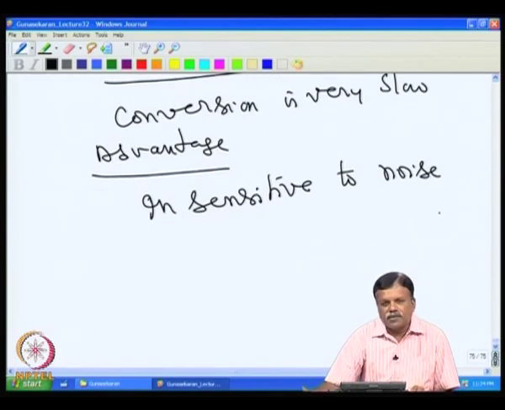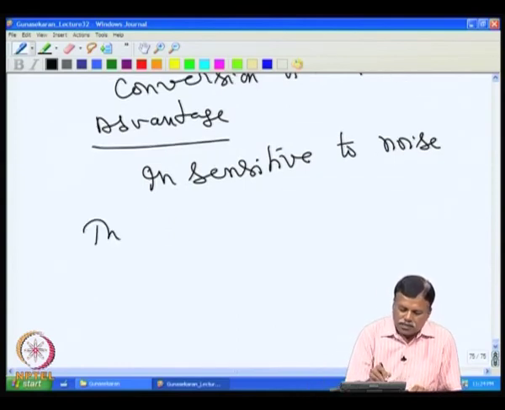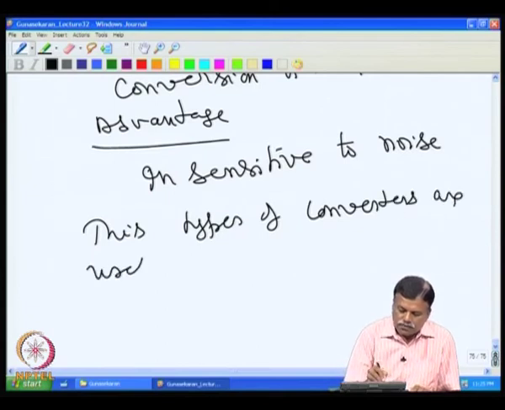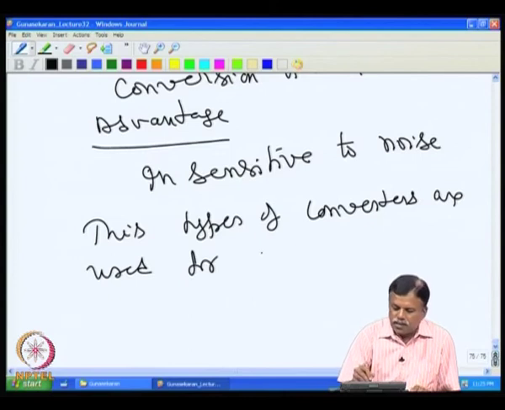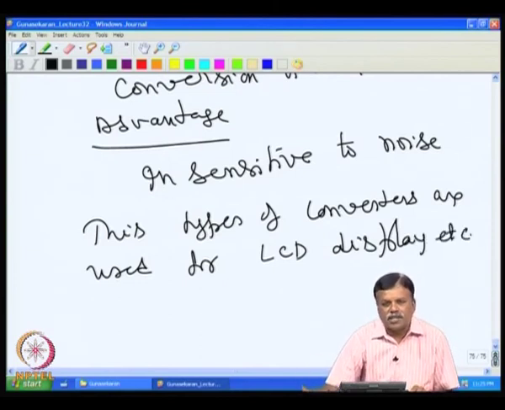Even though it is slow, it is quite enough for display purposes. So, this type of converter is used for LCD displays, etc., because a display cannot be updated very rapidly.